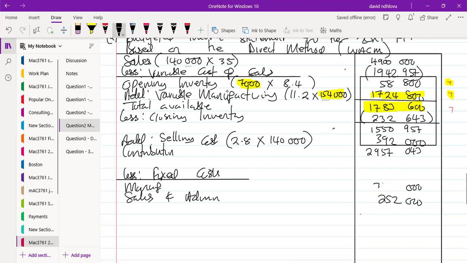So that would be 336,000. Then we'll be done with our income statement. So we just add here. Then we get a figure of 588,300. From 2,957,043, we are going to have a net profit of 2,369,043.